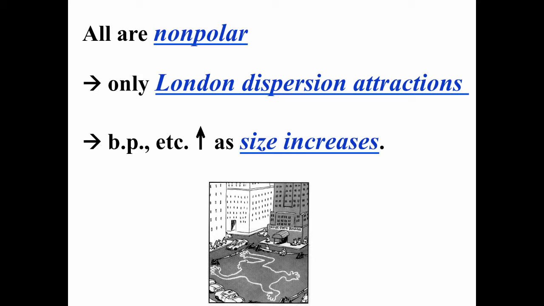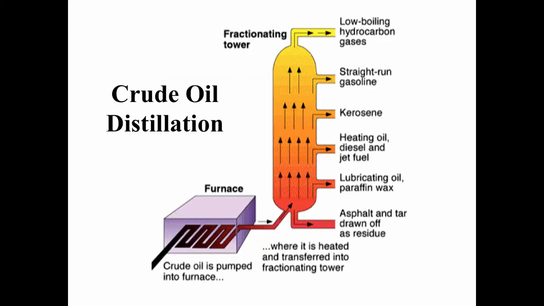They have only London dispersion attractions, and their boiling points, their melting points, their other things that measure strength of intermolecular attractions will increase as the size of the molecule increases. And this is very important in things like how we get the substances that come from crude oil. So crude oil is a mixture of hydrocarbons.